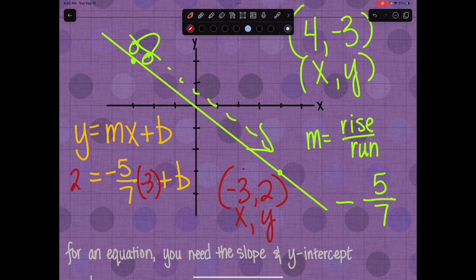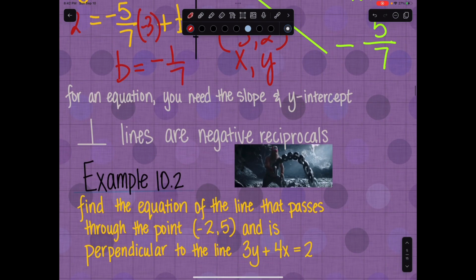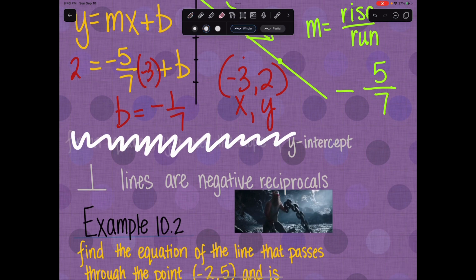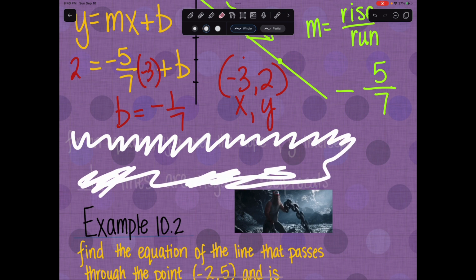And when I do that, I get b is equal to -1/7. So that is all I need to know. For the equation, you need the slope and the y-intercept. So let's write the equation now.